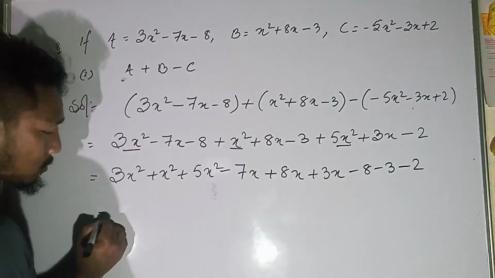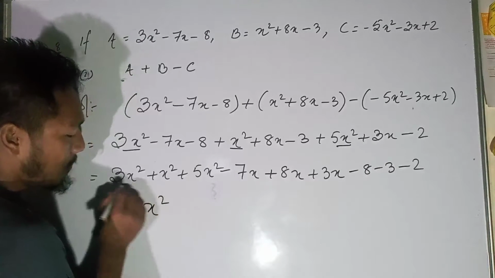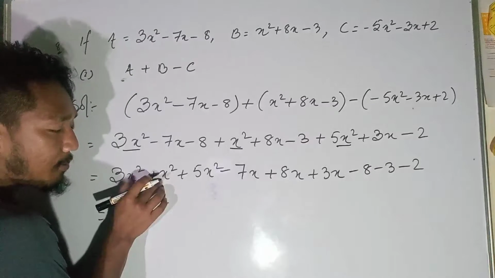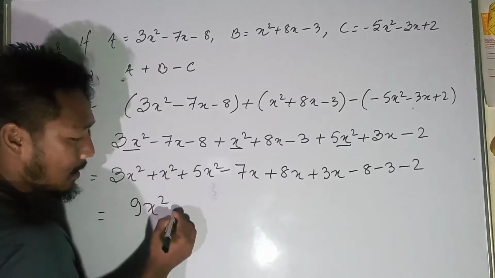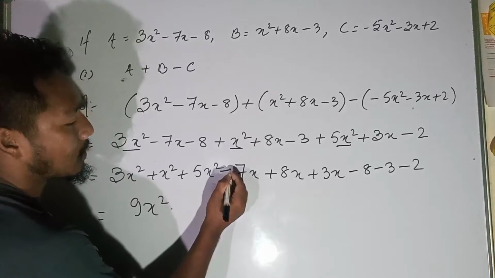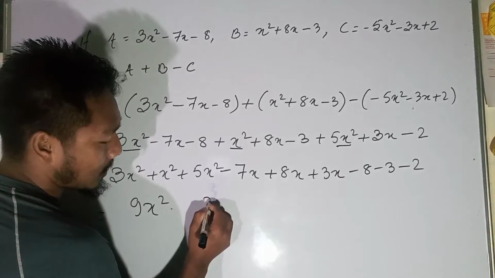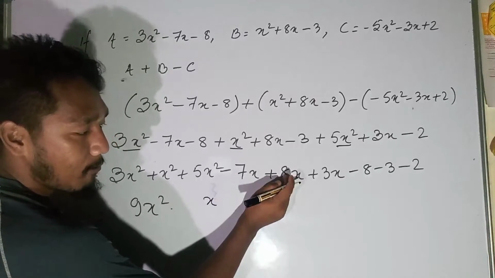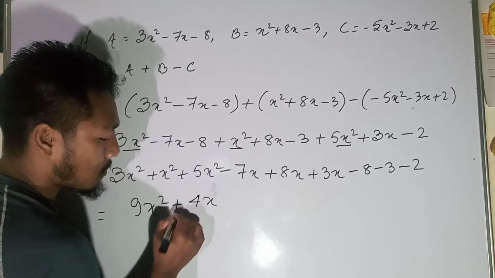So calculate this one: x squared, x squared, x squared. So x squared will be 3 here, nothing is 1, 3 plus 1 becomes 4, 4 plus 5 becomes 9. Then minus 7x, so you write x here. 7 minus 8 becomes minus 1, minus 1 plus 3 becomes 2, 2 plus 4... plus 4.